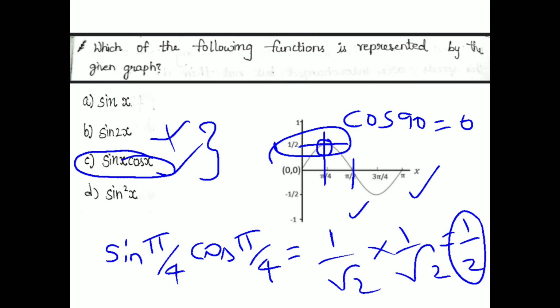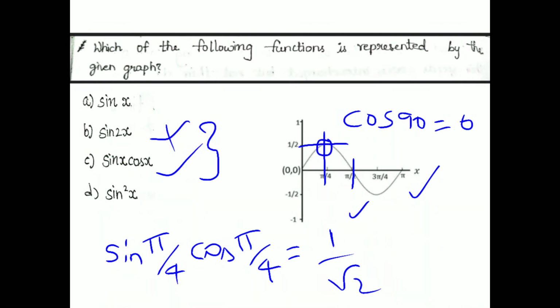If we just multiply sin 2x with half, we would get the sin x into cos x function. Here also the same thing happens: at the maximum point the value is not becoming 1, but it is becoming half.